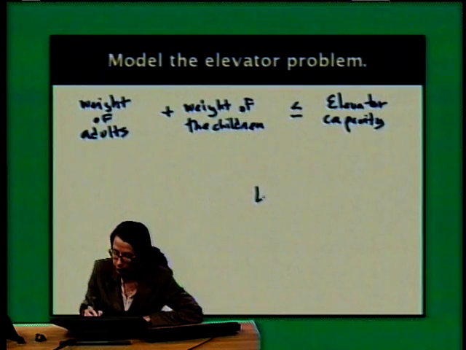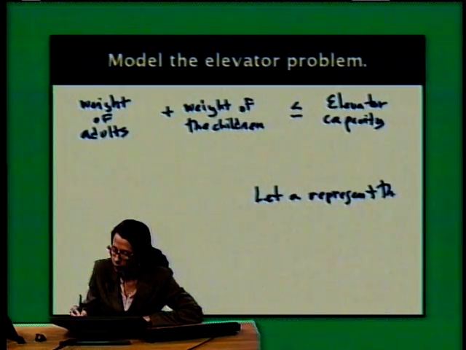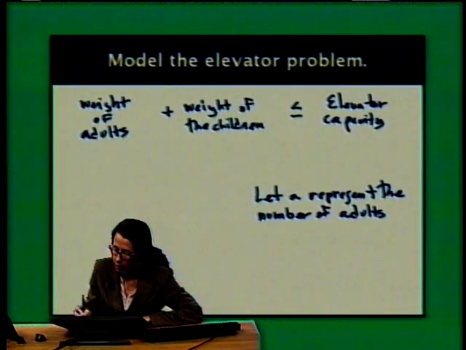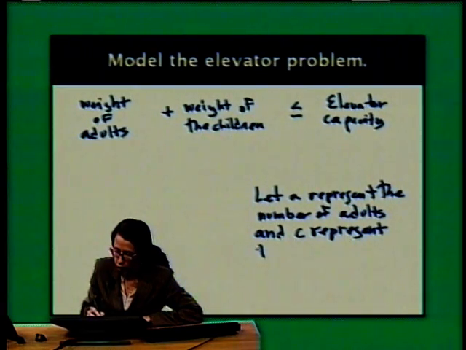So I'm going to let A represent the number of adults and C represent the number of children.